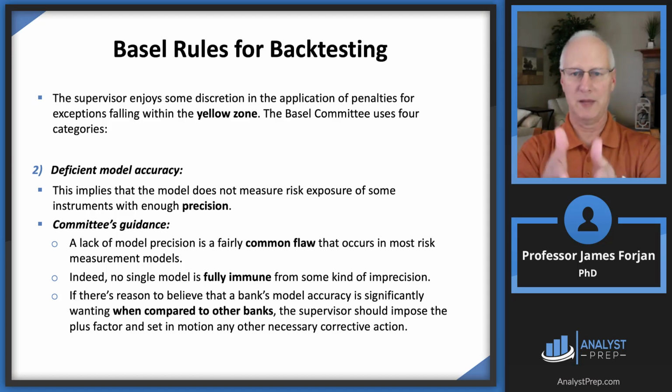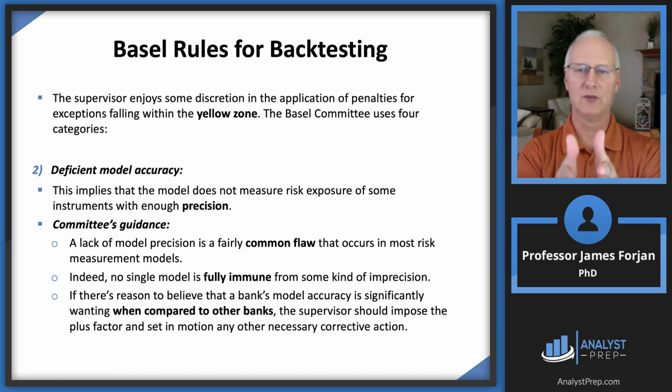We'd love to be able to identify a really narrow range for value at risk. But we also know that capital markets and risk management strategies are dynamic, right? So as such, no model is going to be fully immune to some kind of variability or a lack of precision.